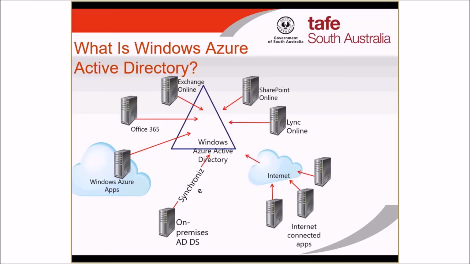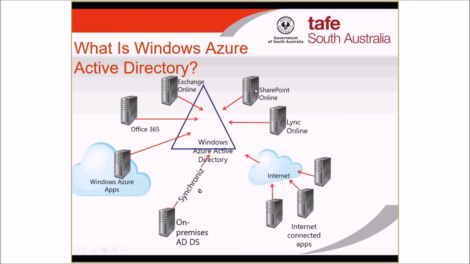Okay, so on Microsoft Azure, there are many different types of services. There's infrastructure as a service, platform as a service, software as a service. Okay, you might have heard of all those terms. As you can see here, you can subscribe to Microsoft Office 365, just like what TAFE-SA is doing. Basically what does that mean? That means that we can access Office 365 online, anywhere.